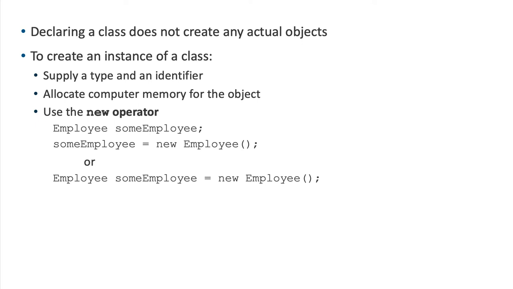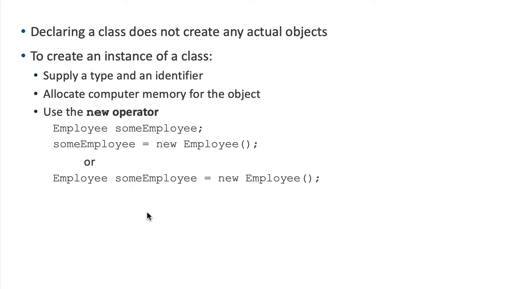That is done automatically only for primitive type variables. To allocate the needed memory for an object, you must use the new operator. Two statements that actually complete the process by setting aside enough memory to hold an Employee are as follows, and you see them over here.